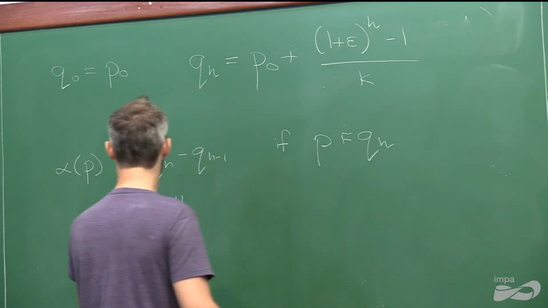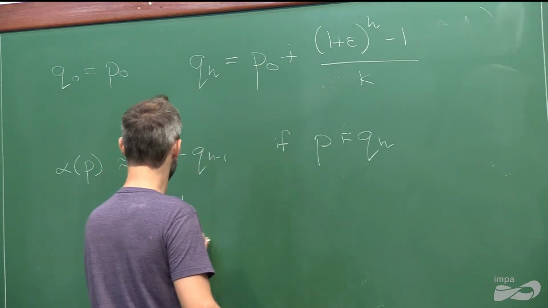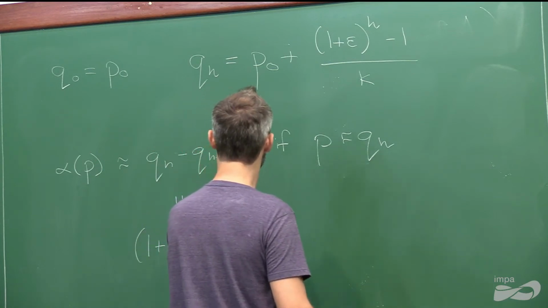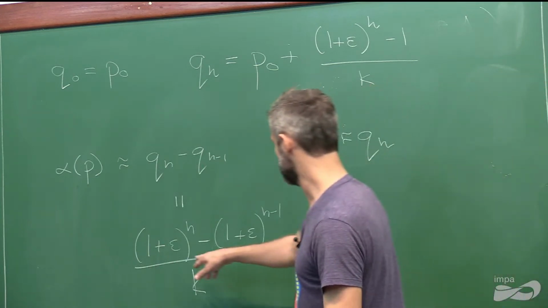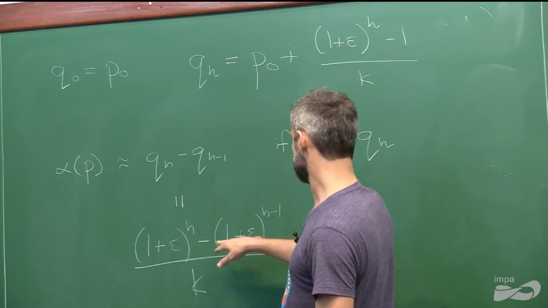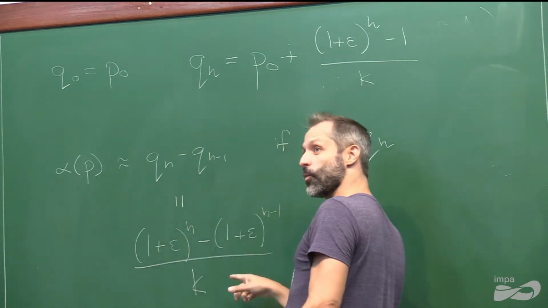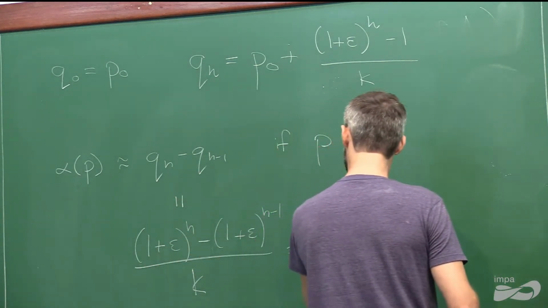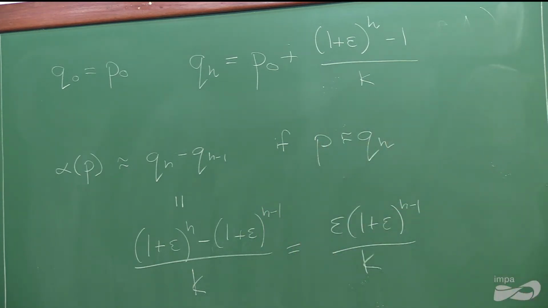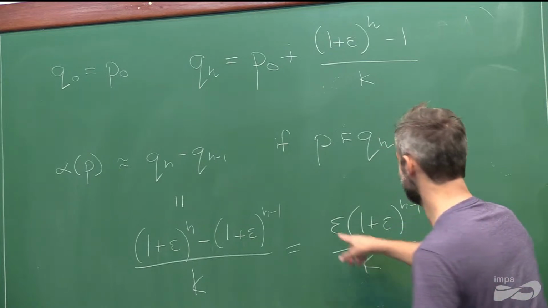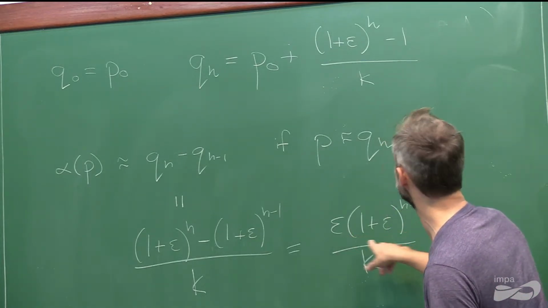What do we get here? We get (1 plus epsilon)^H minus (1 plus epsilon)^(H minus 1), over K, which is what? (1 plus epsilon)^(H minus 1) times (1 plus epsilon minus 1), which is epsilon, (1 plus epsilon)^(H minus 1) over K. Which I want to claim is, there's an epsilon here, that's nice.